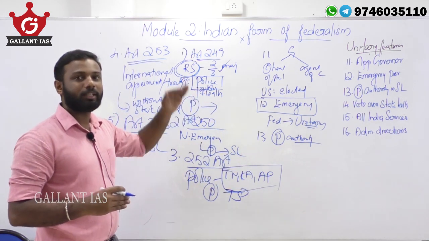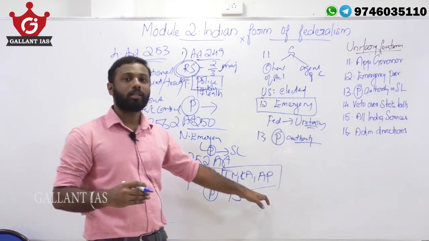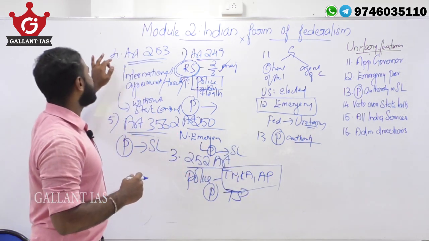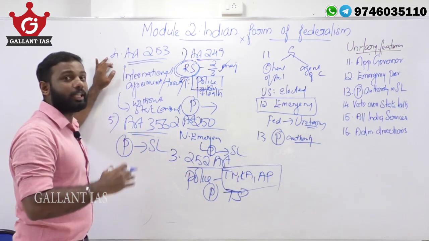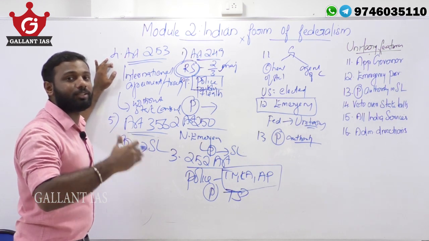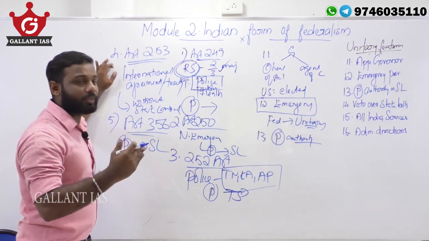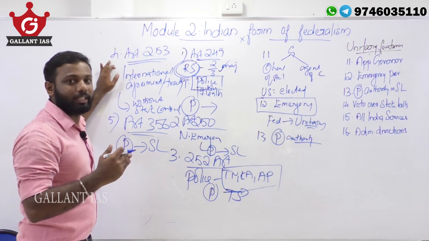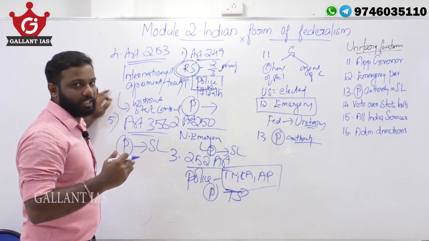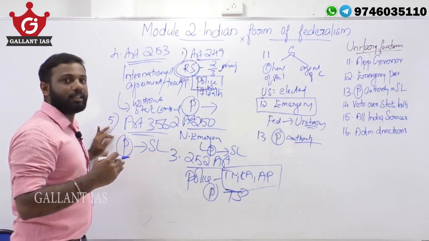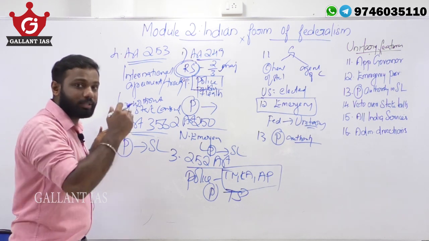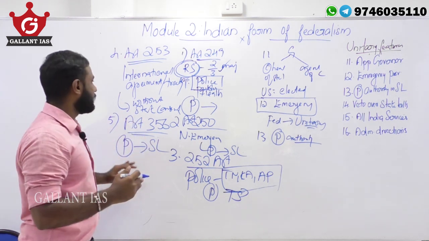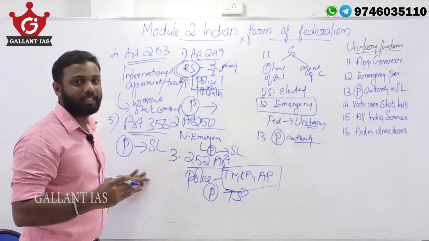And Parliament creates a law, and this law is applicable only for those concerned states. The fourth situation is under Article 253. To implement international treaties or conventions or agreements, the Parliament can frame a law on the state list without the consent of the state. The fifth condition is under Article 356. That is, when the President's rule is imposed on a state, the Parliament can frame laws on the state list. Okay.